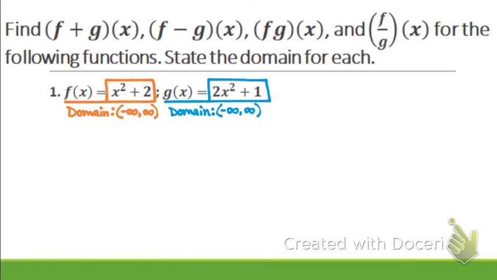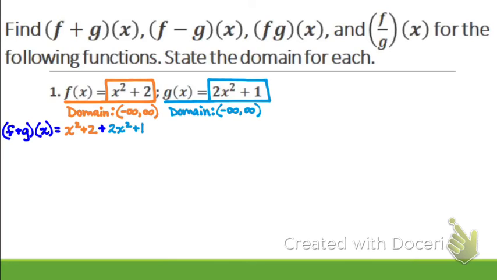All right. So let's add f and g. So I grab my function f of x. That was x squared plus 2. I'm going to add that to my function g of x, which is 2x squared plus 1.